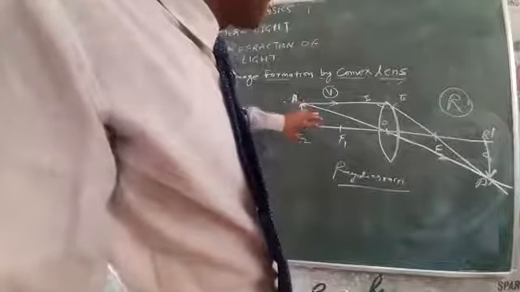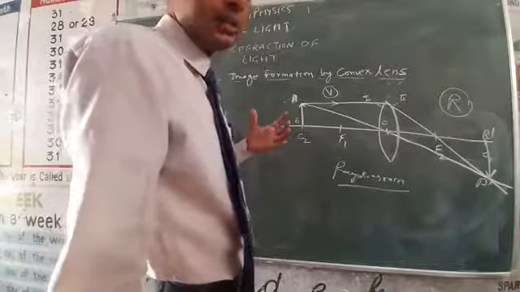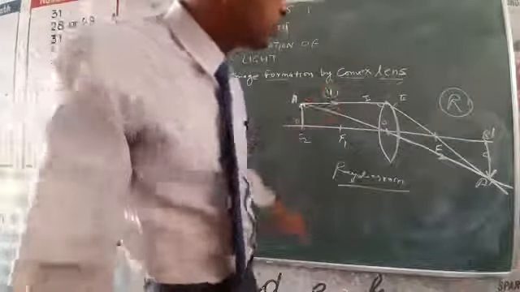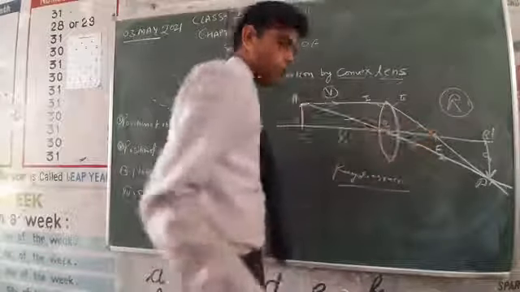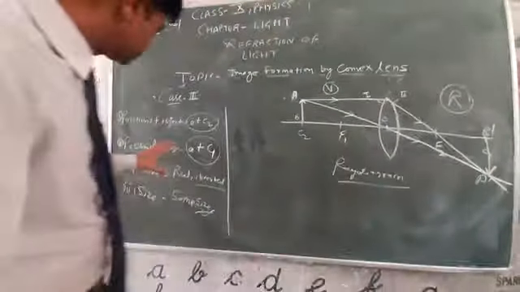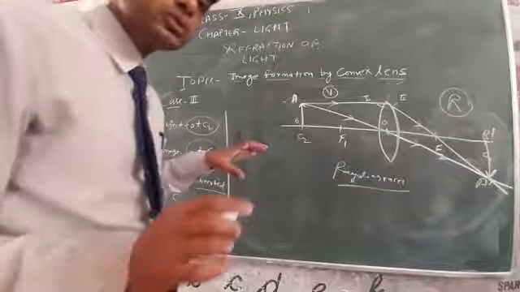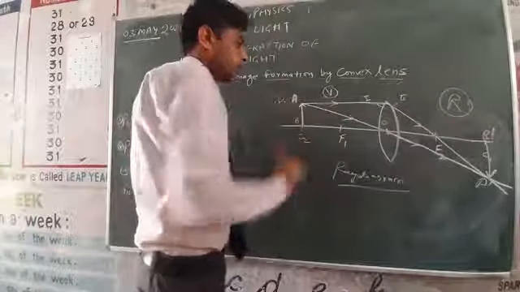This ray diagram is given in your question paper incomplete. It means some rays are missing. Then you have to complete the ray diagram. So you have to know about the point, nature, side of image, and also how to draw the ray diagram. So both are important.